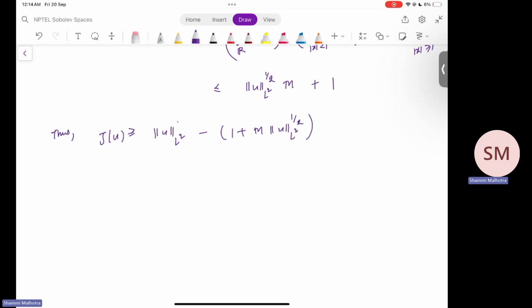So this thing, if you see, is like a square polynomial in the square root of the norm of u in L2, and thus bounded below.